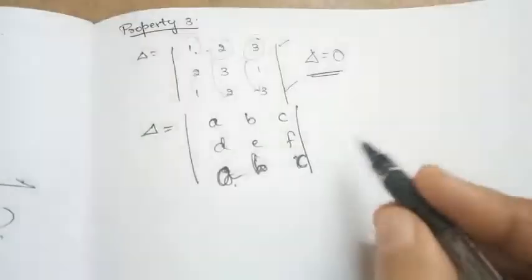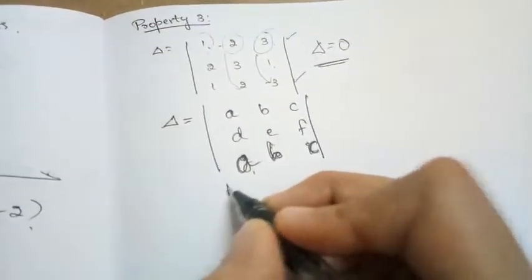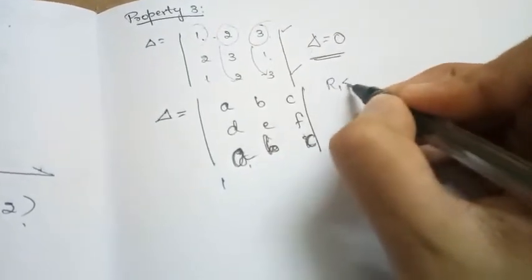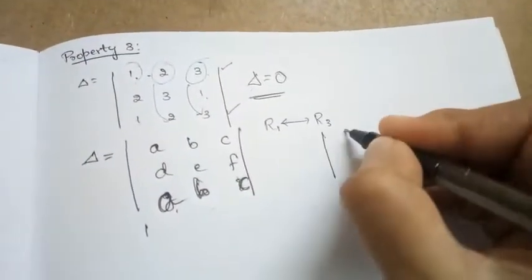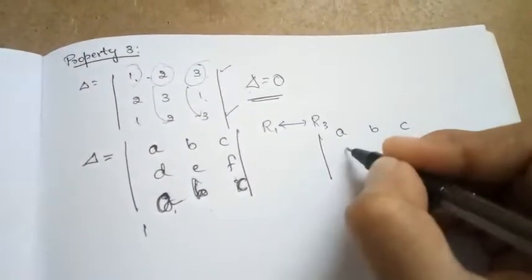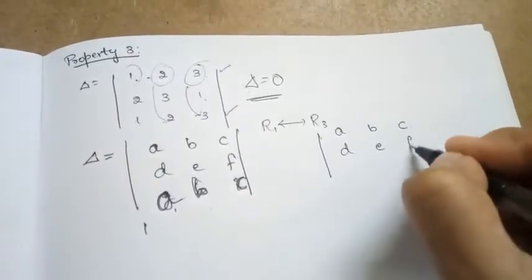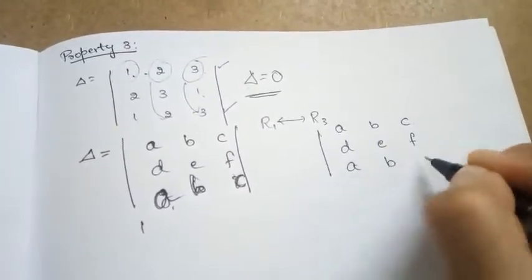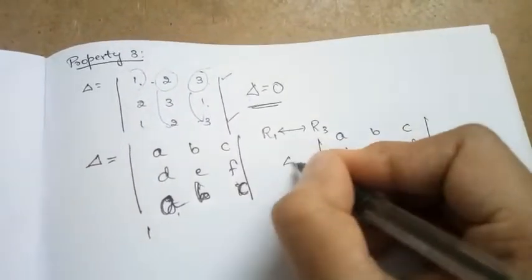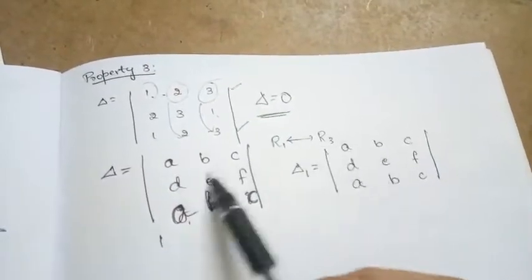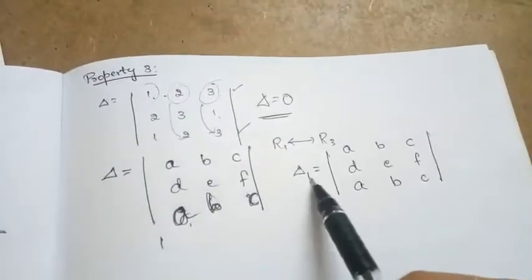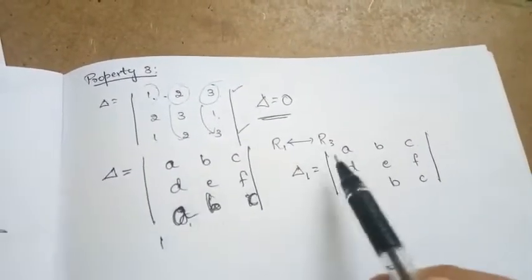Now I will interchange R1 with R3. After interchanging R1 with R3, what does the determinant become? It is the same, right? This was our new delta 1, which is obtained by interchanging the two rows. So by looking here itself you can say that delta and delta 1 look the same.